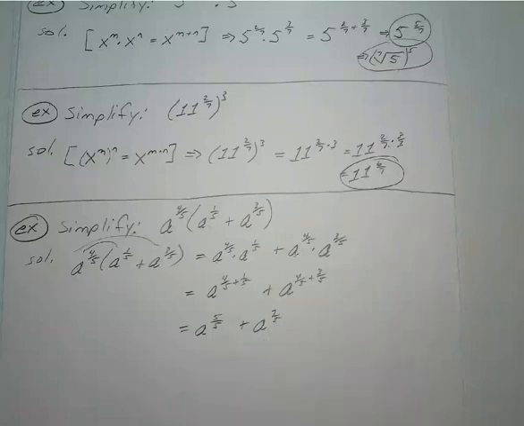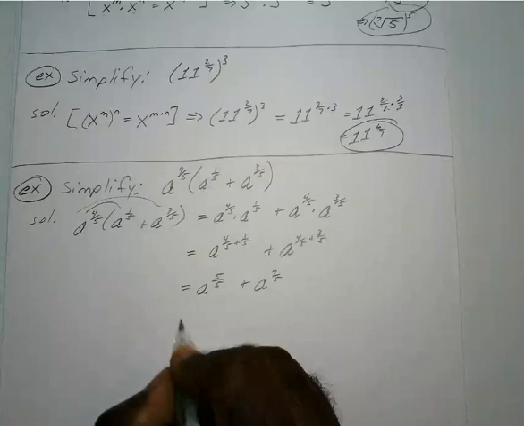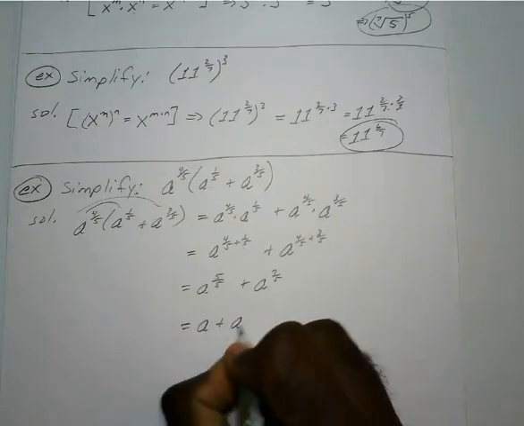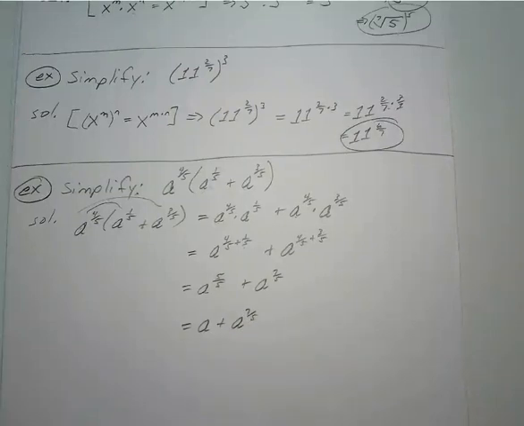And 5 divided by 5 is just 1, so a to the first power is just a. That's going to equal a plus a to the 7/5 power. Now remember, you can't combine terms unless they're exactly the same. So this would actually be your final answer here.